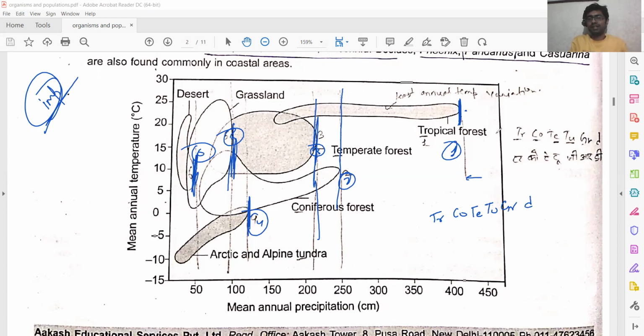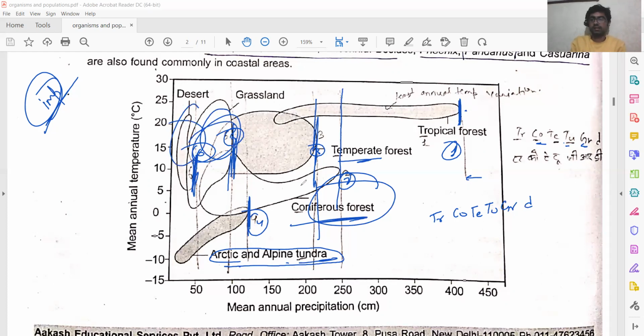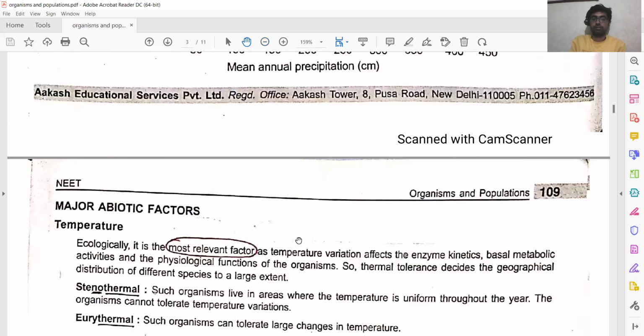Tur is tropical forest. Co is the second, coniferous forest. Third is temperate forest. T2 is tundra, you can see Arctic and alpine tundra. Tundra is a place filled with snow. G is grassland, and then desert.